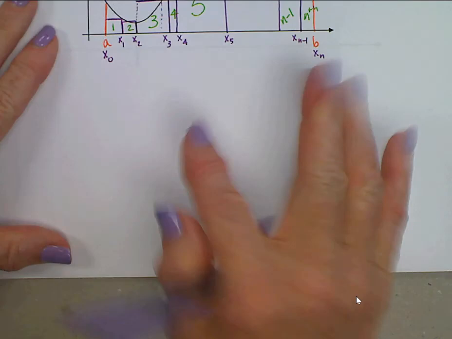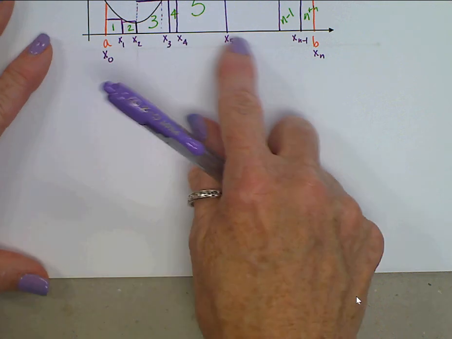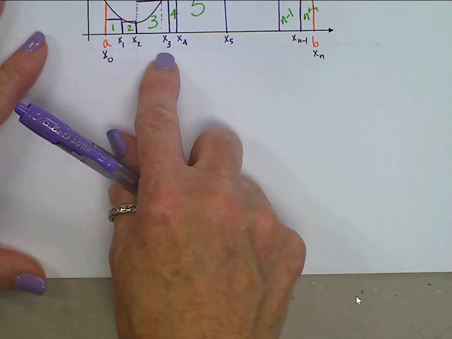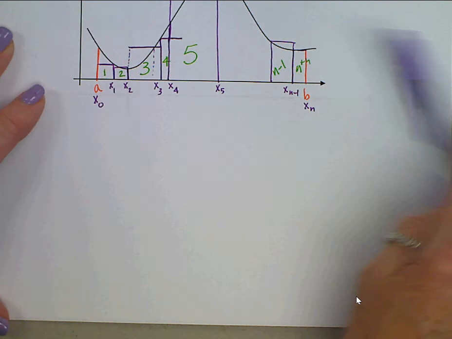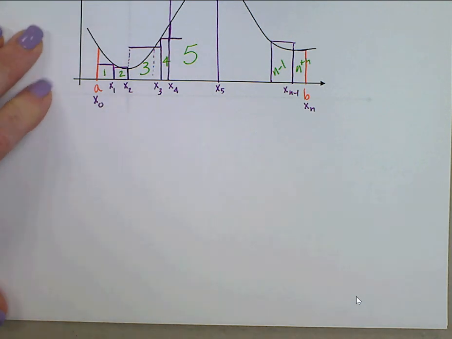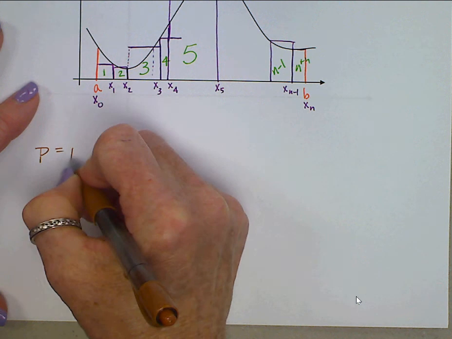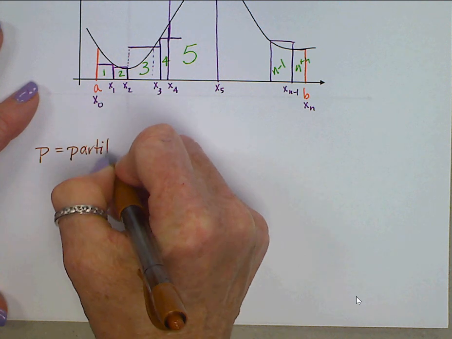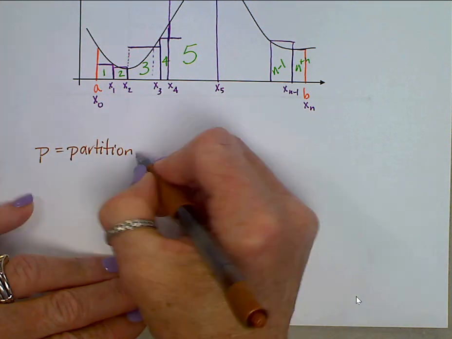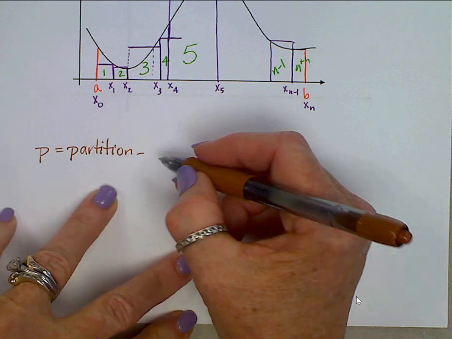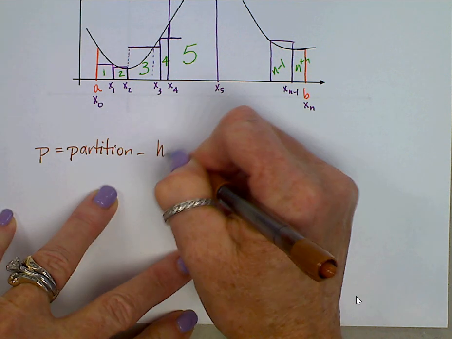All right, these x values here that determine the width of the rectangles are called the partition, represented by a P. And the partition is how the widths of the rectangles are determined.